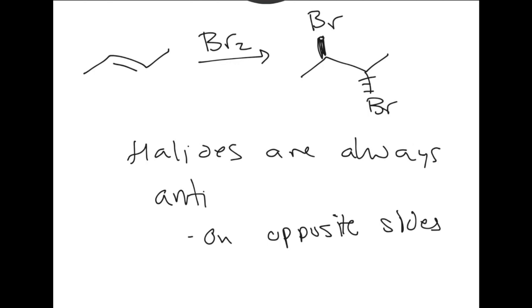So they're going to add anti to one another. They're always going to add on opposite sides. Now this is relative stereochemistry. You don't know which one's the wedge and which one's the dash. All you know is they're always on opposite sides.